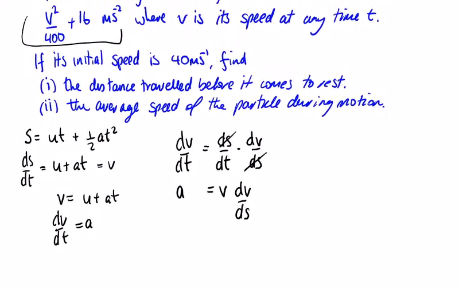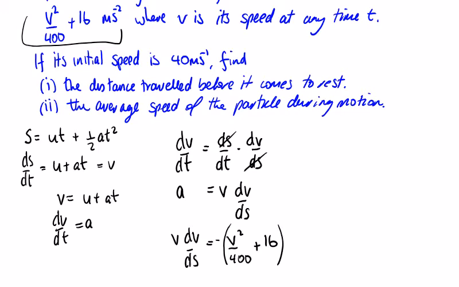So bring that down then. We have v dv ds is equal to v squared over 400 plus 16, deceleration, so it's going to be minus.